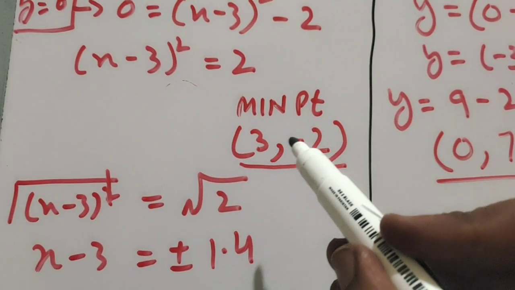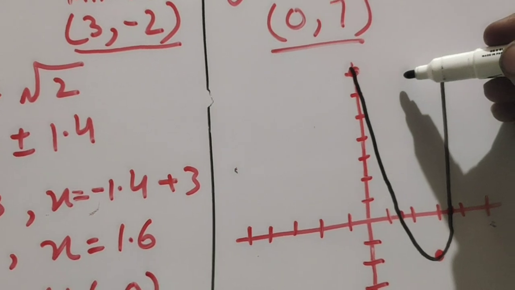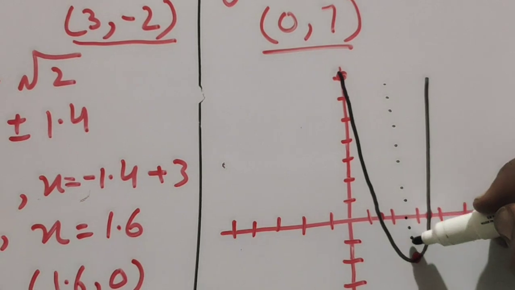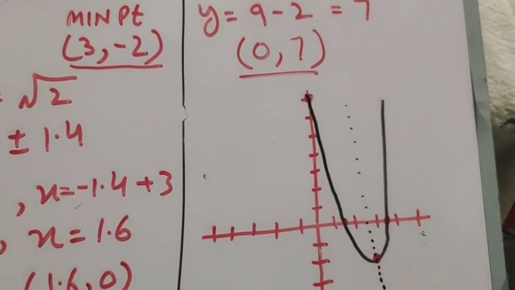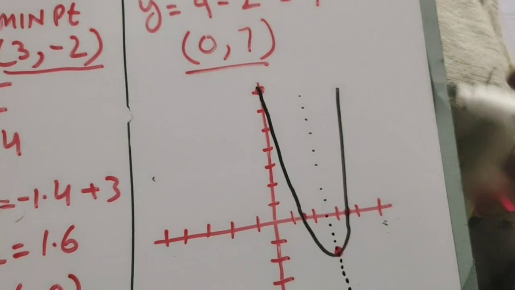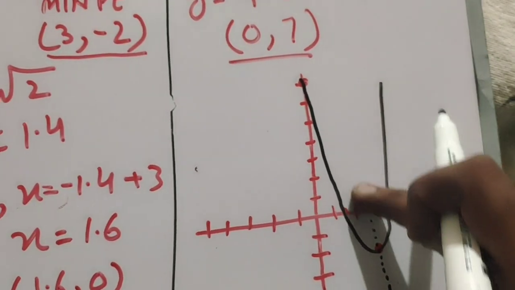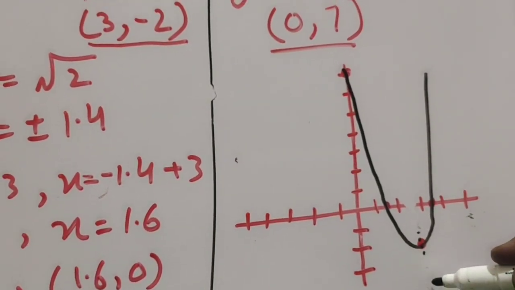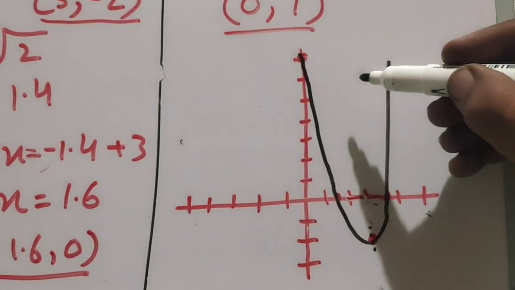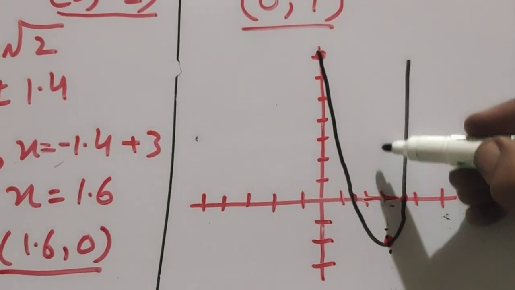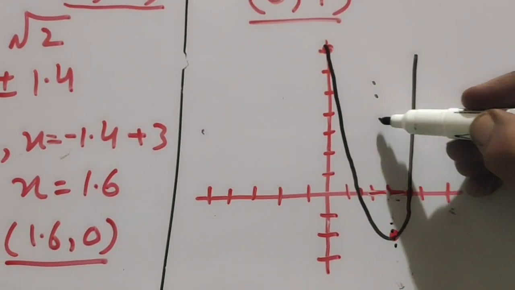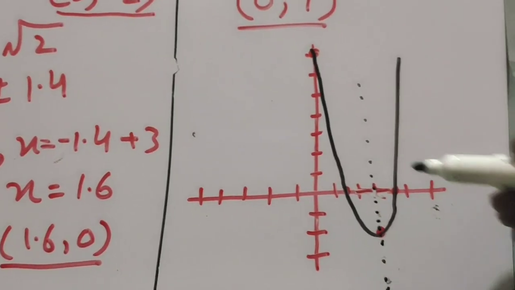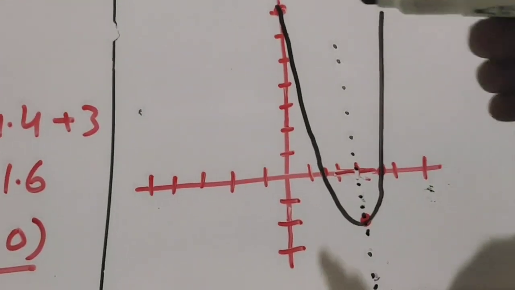We already found it as (3, minus 2), and this is the point through which we have to draw our line of symmetry, straight. For the line of symmetry, we draw a straight line that cuts the graph into two parts. I'll mark it with a dotted line. So this is the line of symmetry.